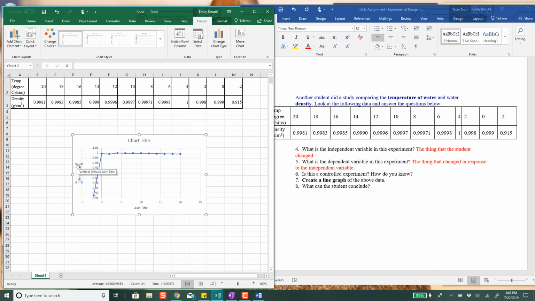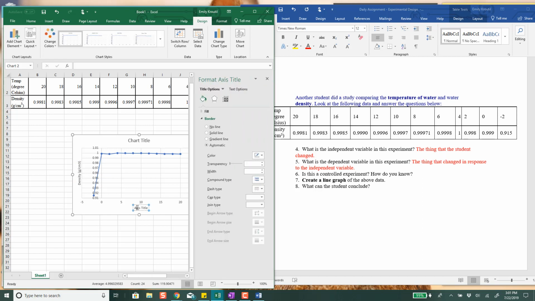So I'm going to put grams per cm3. And for here, I'm going to put degrees Celsius. For our title, we can do temperature versus salinity, or density, sorry.